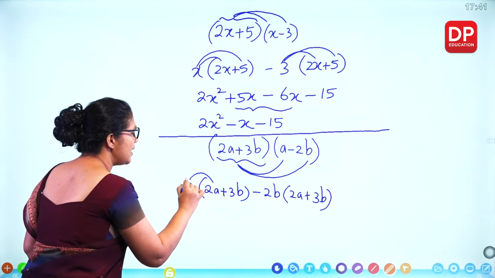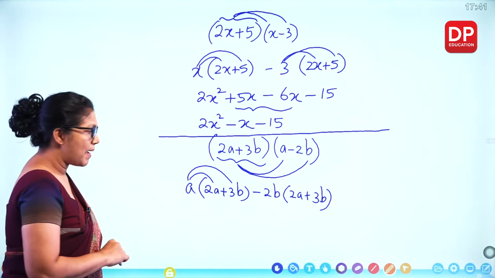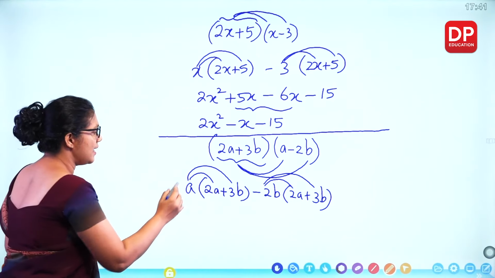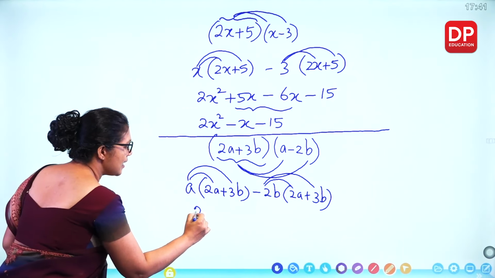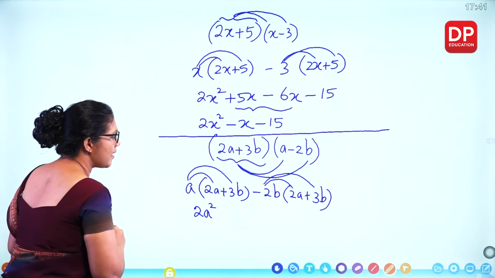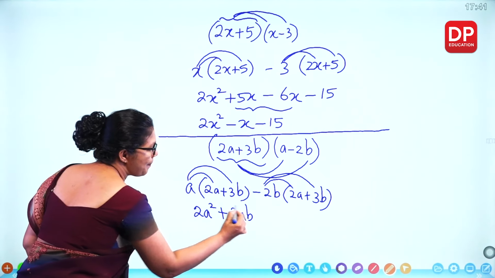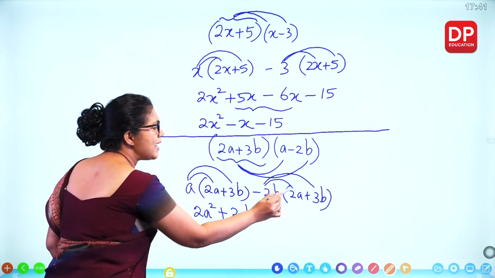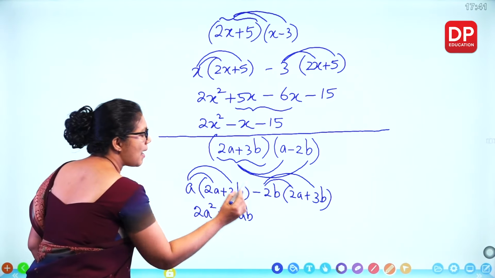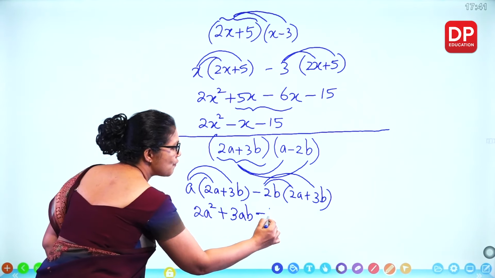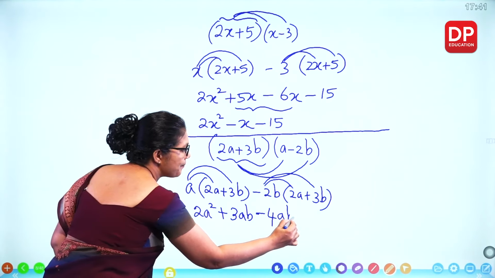Again simplify. First expand this and then simplify. a times 2a, you get 2a squared. a times 3b, 3ab. What about this one? Minus 2b times 2a. This is minus, so you get a minus sign. Minus 2 times 2 is 4ab.